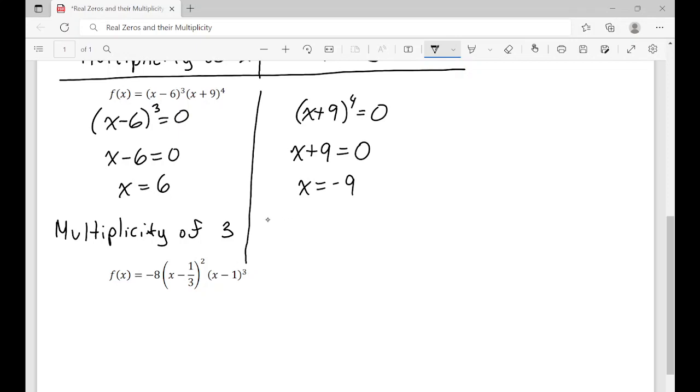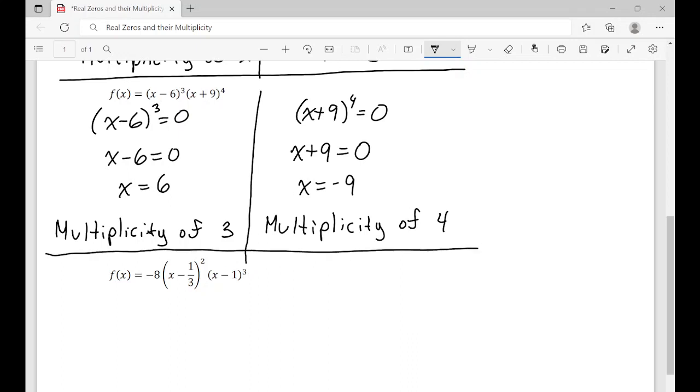So we could say that this has multiplicity of 4. So 6 as a solution has a multiplicity of 3 because it occurs 3 times. And x equals negative 9 has a multiplicity of 4 because it occurs 4 times.